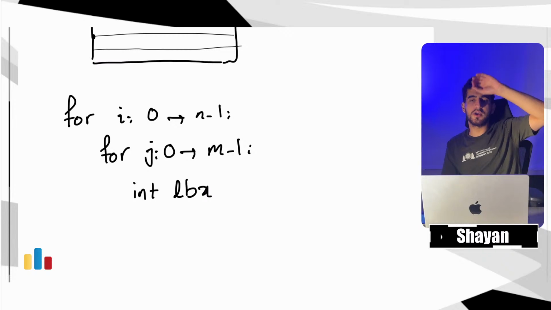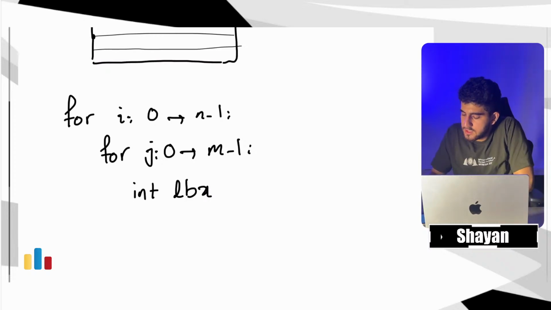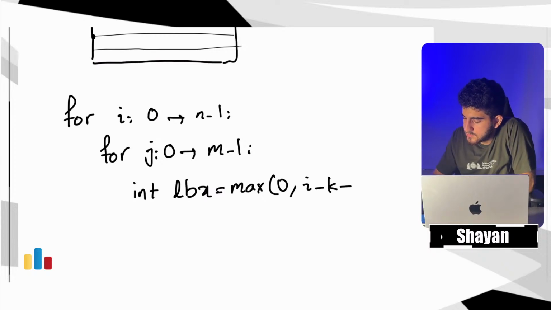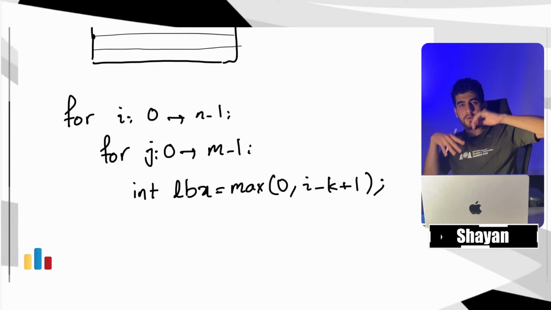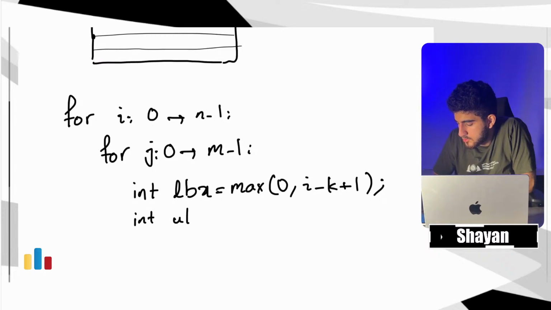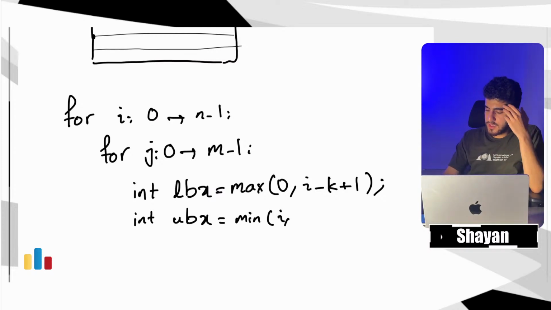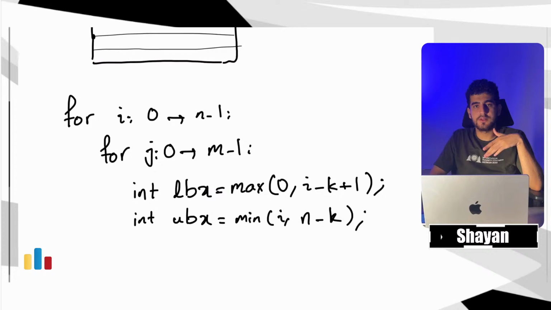When I want to find the x and y of the top left of the k by k that covers this cell, the lower bound of x is the maximum of 0 and i minus k plus 1, because it must not be before 0, and it cannot be i minus k or before, because then it will not cover this cell. The upper bound, ubx, is the minimum of i and n minus k. It cannot start after i, and it cannot start after n minus k, because if it starts after n minus k, it will go outside of my rectangle. So that is not valid.